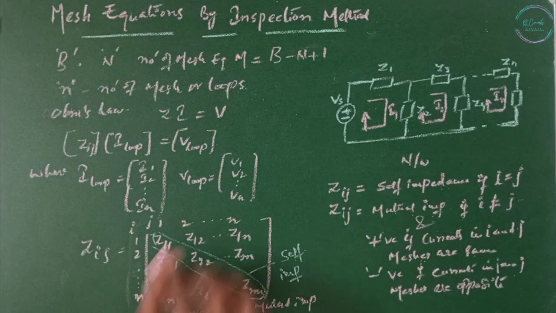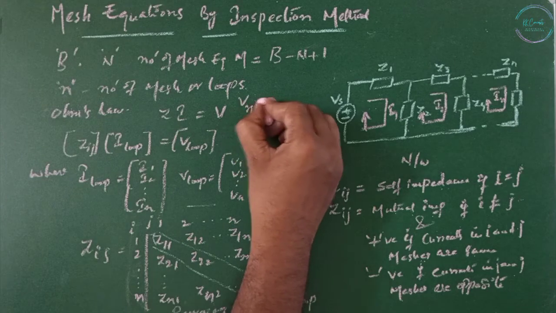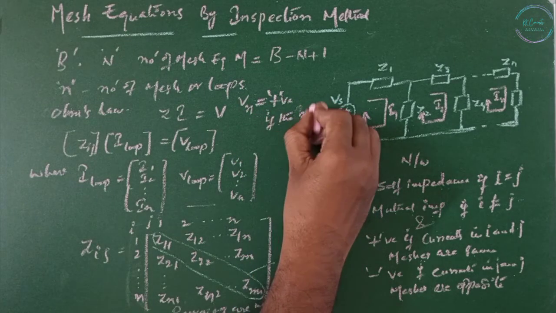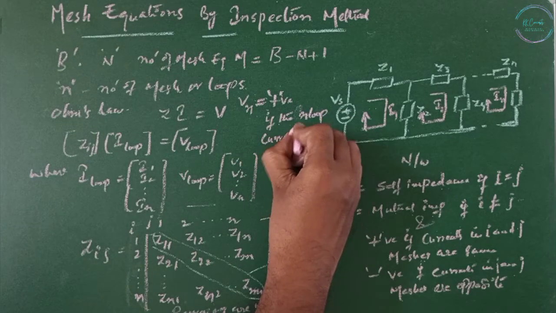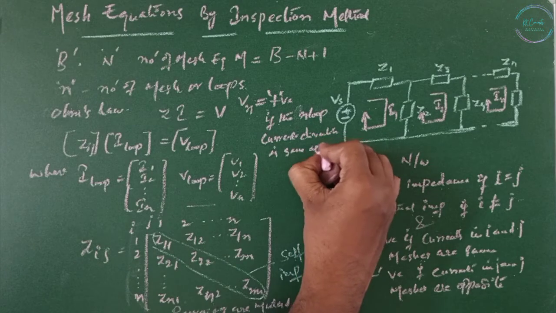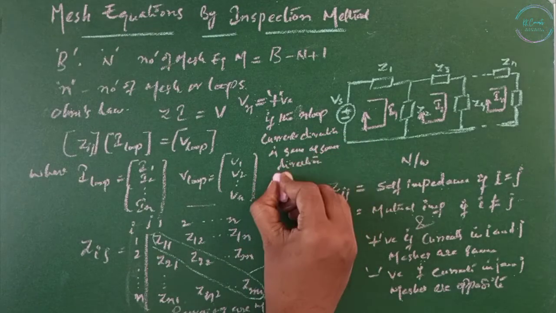Now in V loop, Vn is positive if the nth loop current direction is the same as the source direction, else negative.